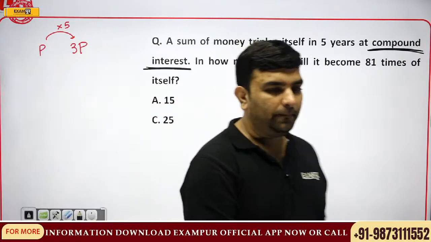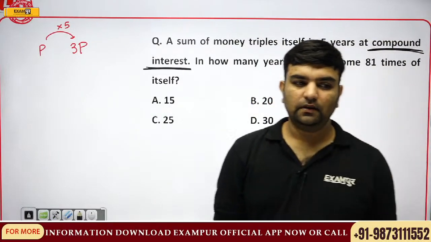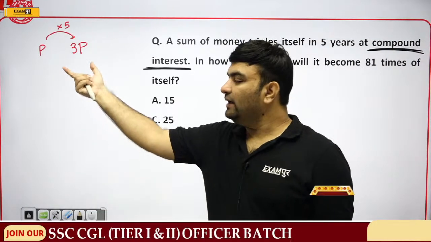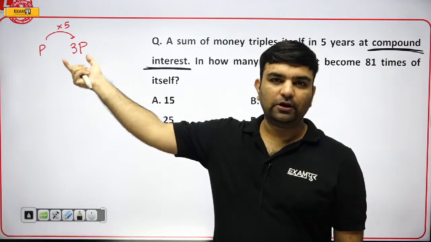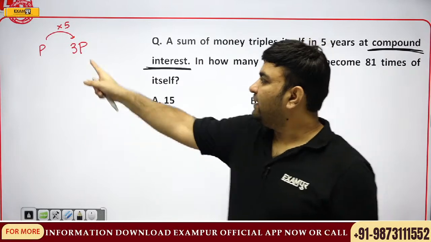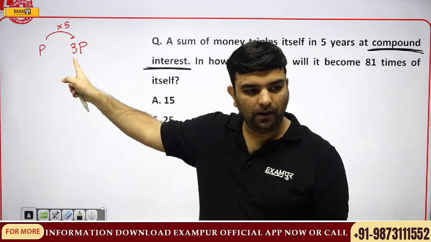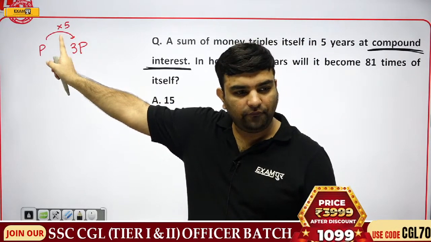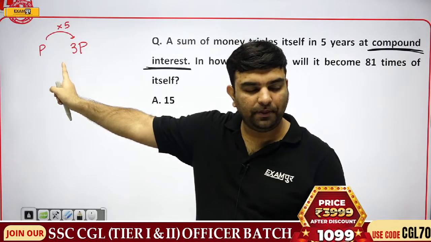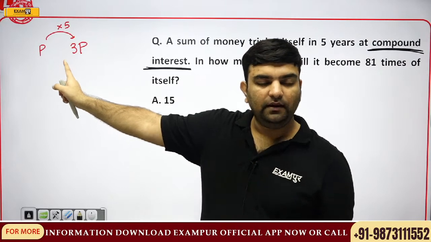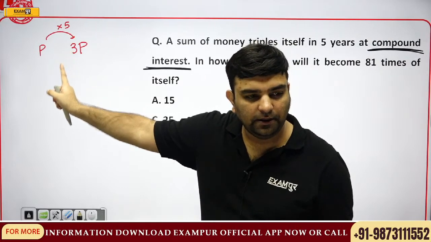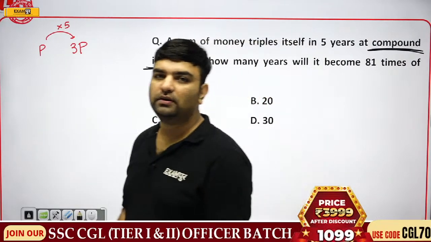It will increase in the same ratio in an equal period of time. If in the first 5 years it becomes triple, then in the next 5 years it will again become triple. This is the logic for CI.